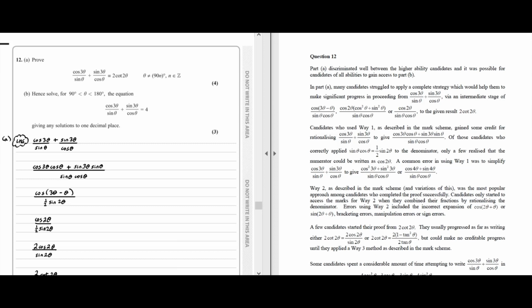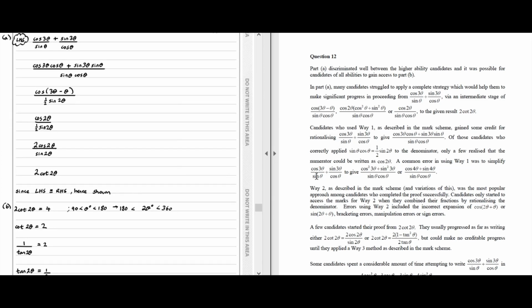A lot of people used way 1 in the mark scheme, which is what I did, to obtain this result over here. And many saw that sine theta cos theta equals 1/2 sine 2 theta in the denominator. On the top, we've got cos of 3 theta minus theta, and from there you can simplify. The common error over here was to give cos squared 3 theta plus sine squared 3 theta over sine theta cos theta, or sine 4 theta plus cos 4 theta over sine theta cos theta.